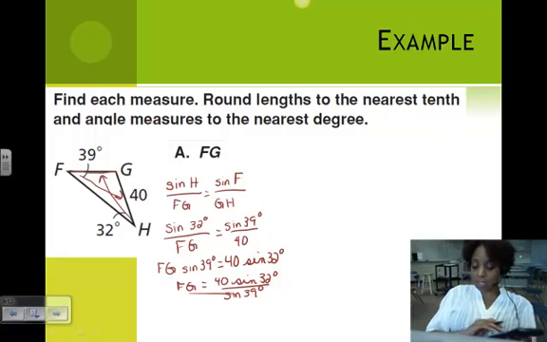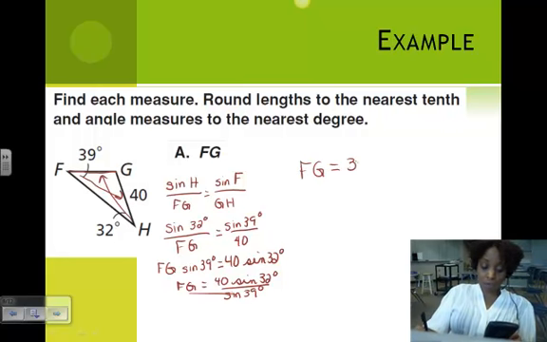So I'm just going to plug that into the calculator and get the value. 40 times the sine of 32, and then divide that by the sine of 39. Yep, so we get FG is 33.7 units.